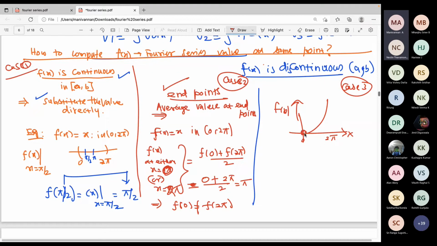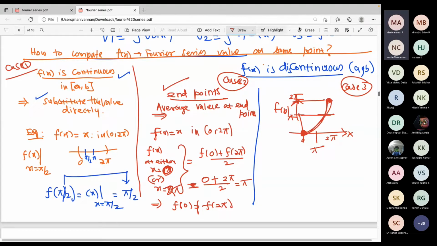At either end I want to compute the value: f of 0 is 0, and at 2 pi the height is 2 pi. But in a Fourier series, at the end point, you are evaluating the average of those.